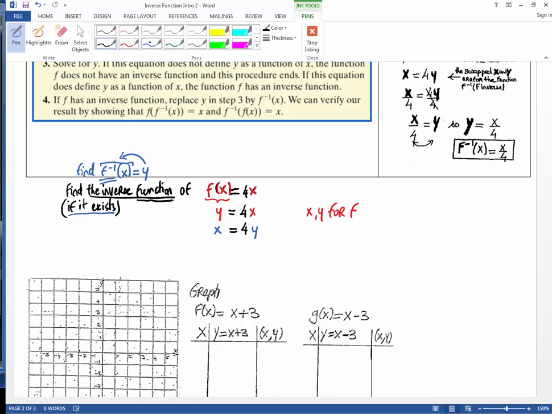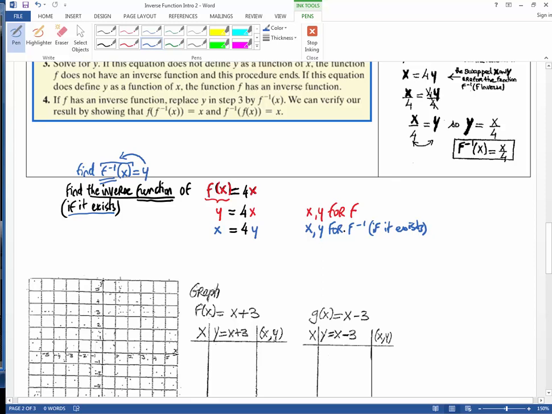In this case, just one place for both of those. So I'm going to record what blue x and blue y are for. Those are not for f anymore since I did some swapping. They are for our f inverse of x, again, if it exists.